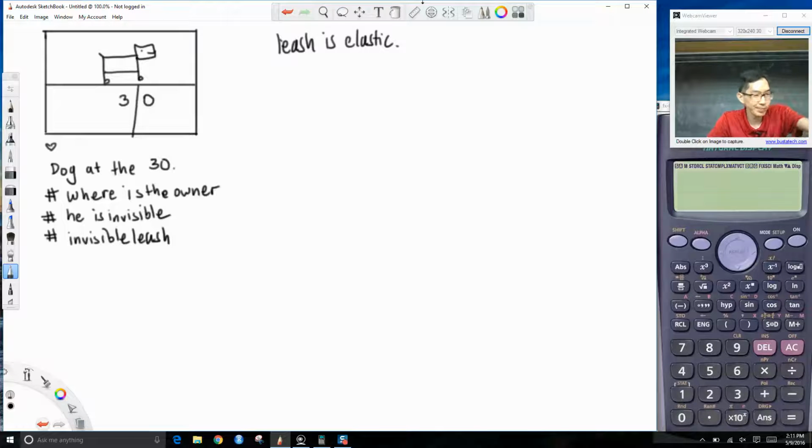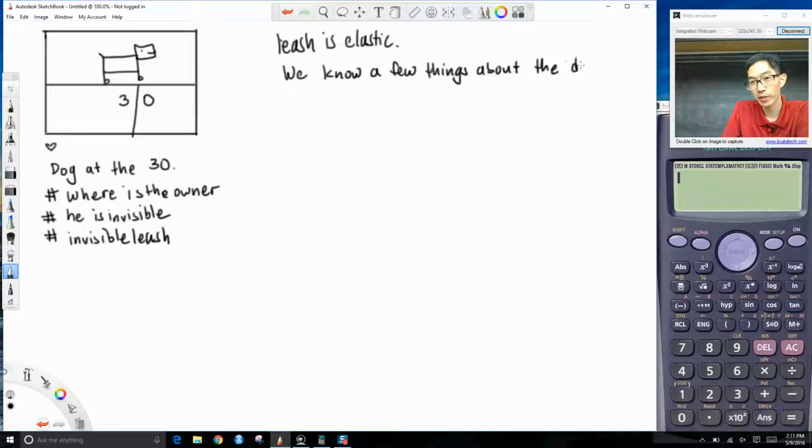So we know a few things about the behavior of the dog. Basically, the dog doesn't like to pull too hard against the leash because that chokes him.